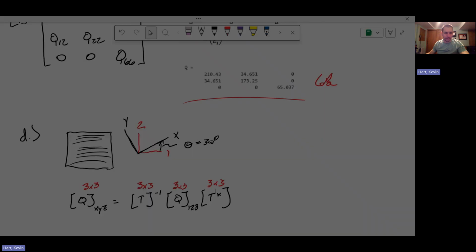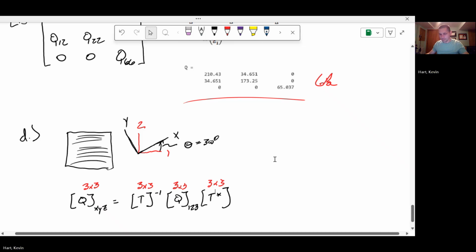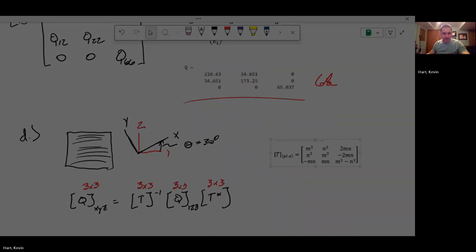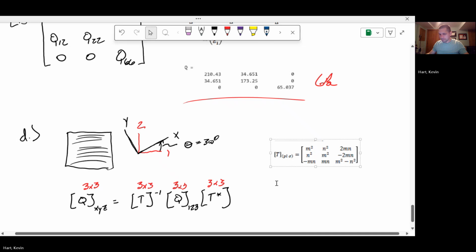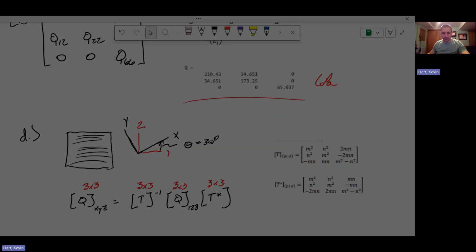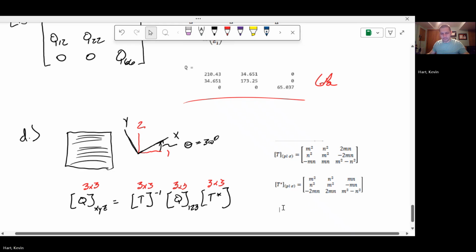For a thin laminate, this is what T is going to look like. Here's what T star is going to look like. M and N are just cosine and sine of the rotation angle theta. So this is, again, all in your equation sheet.